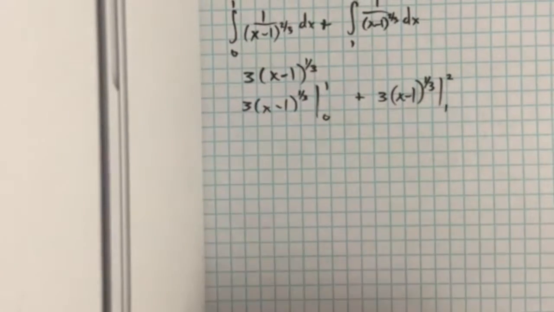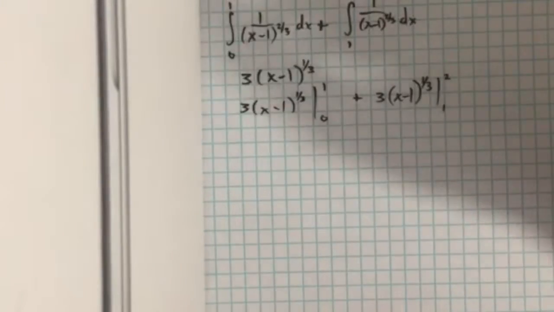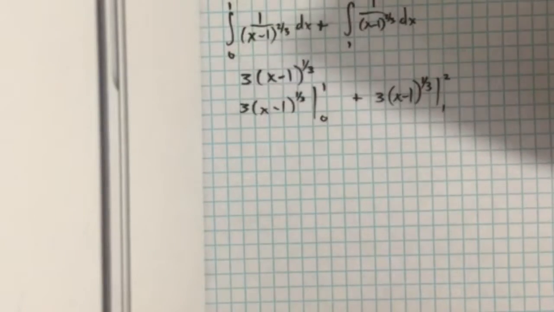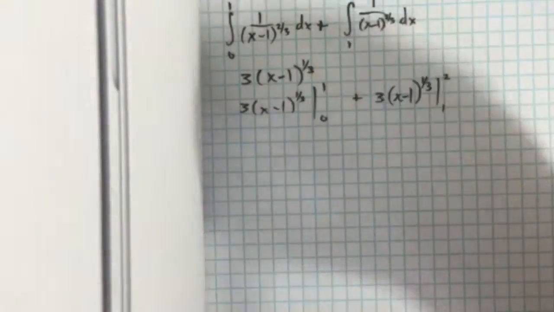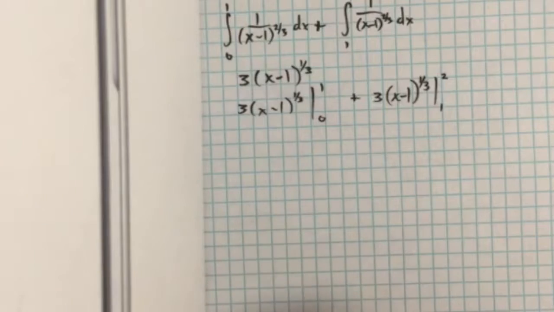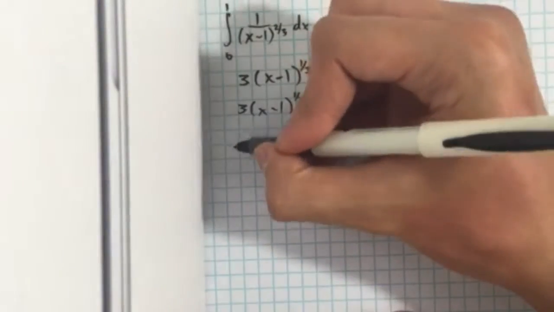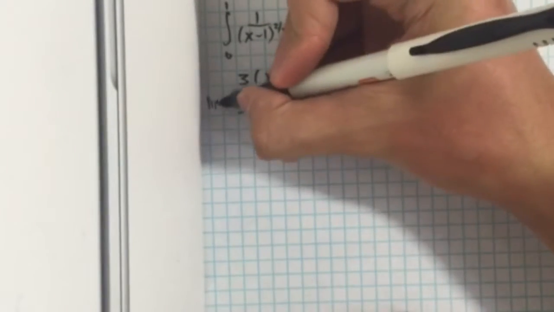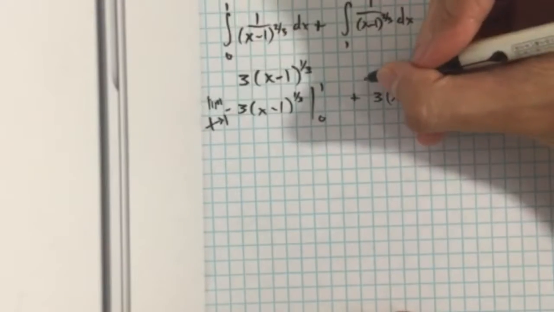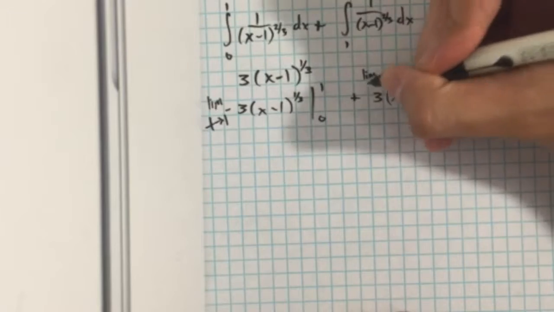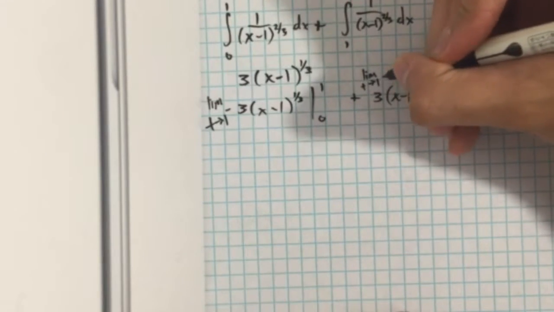Oh, I skipped an important step. I forgot to find the limit. Don't forget to find the limit when you're looking for improper integrals. So there should be limit as t approaches 1 from the left, and limit as t approaches 1 from the right.